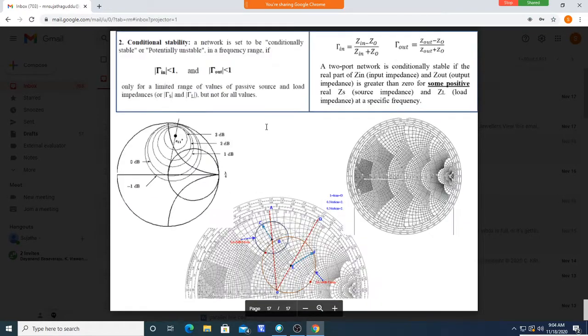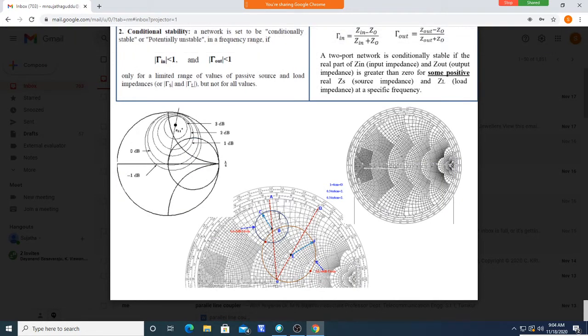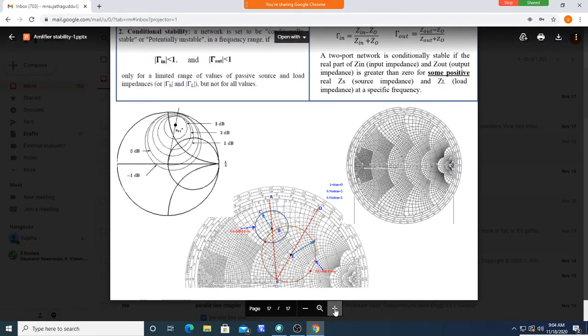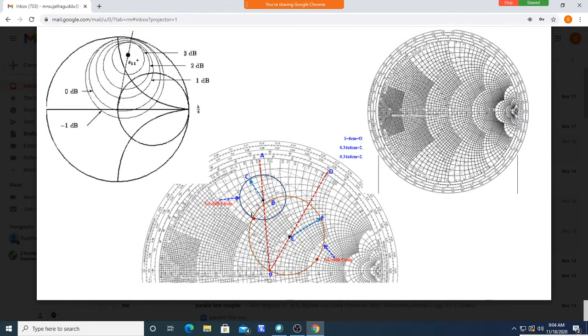It is on the gain circle, like this one we drew in the previous class. ZS must lie on one of these circles to get that particular value of gain. Similarly, ZL must lie on this circle.